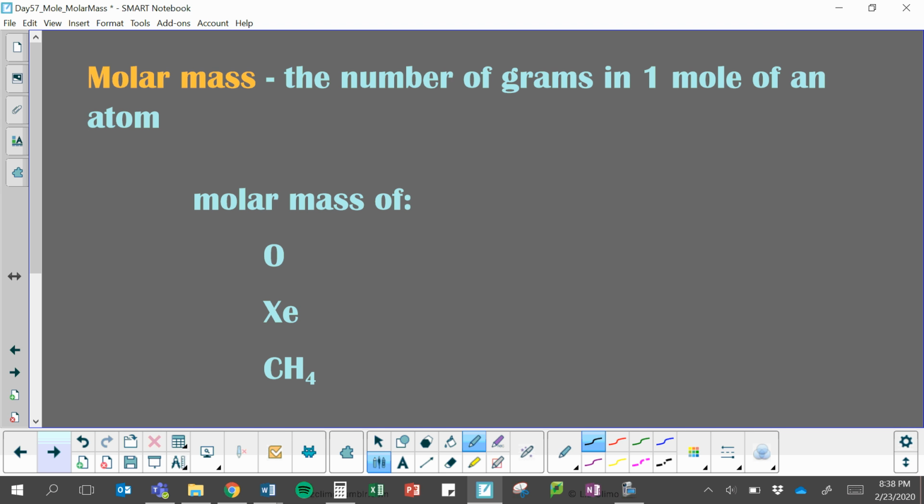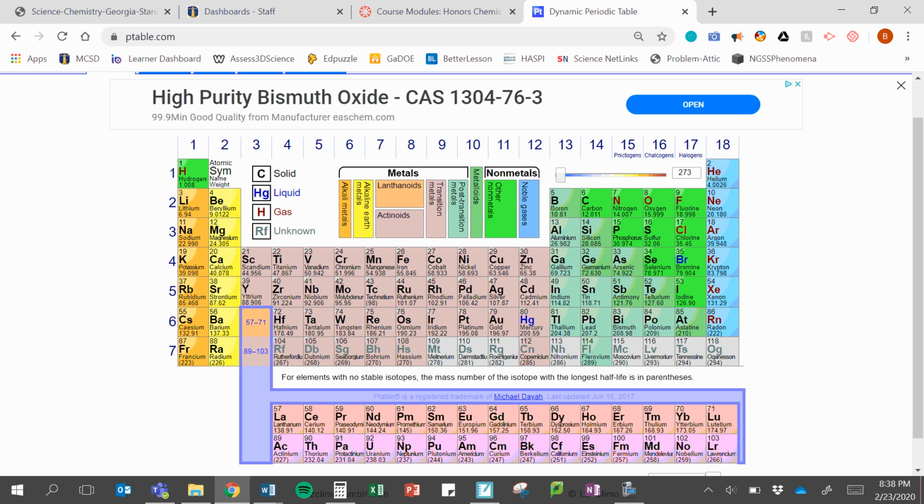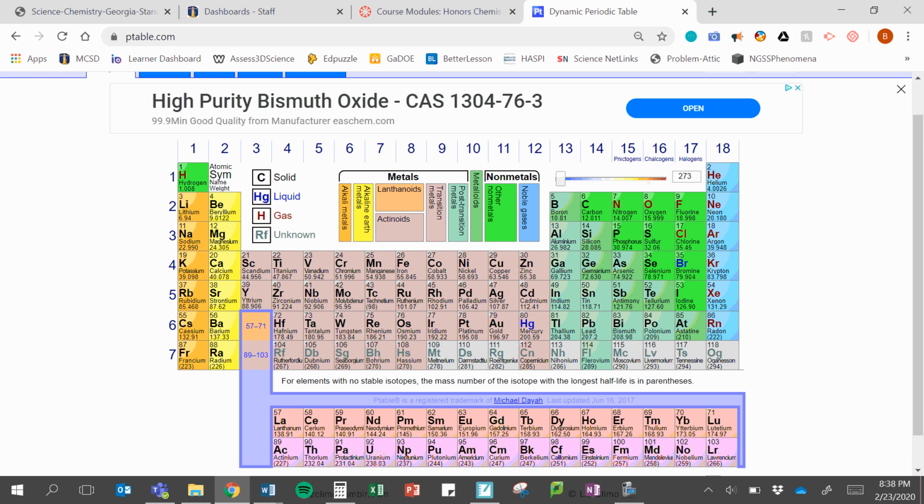Okay, but where we left off last time was looking at molar mass. For molar mass, we are just looking at the mass of the whole compound or element. A quick reminder: if we're looking at oxygen, we go to our periodic table and find oxygen. My numbers might be slightly different than the ones on your periodic table, but it should be fairly similar.